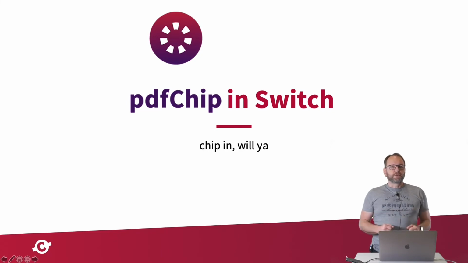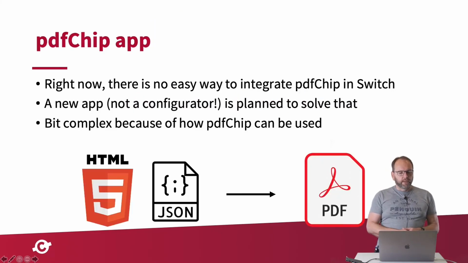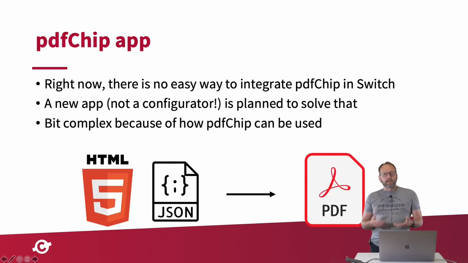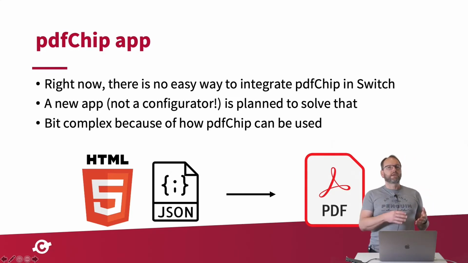The opportunity, of course, is that because there is no configurator yet, there also are no transition problems if you want to be a little bit more modern. And so the plan is to create straight away an app instead of a configurator. That app would be called pdfChip.